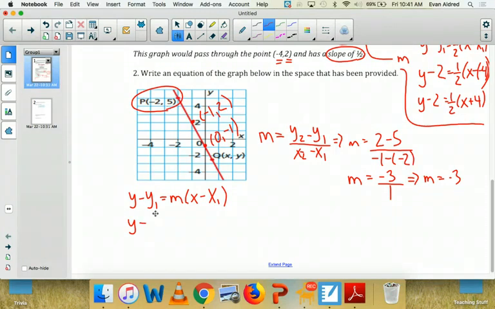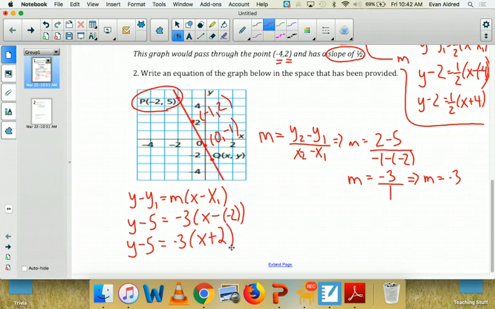Y minus 5 equals negative 3 x minus 2. So let's simplify that. Our x coordinate is minus 2 for point P. So let's simplify everything. Y minus 5 equals negative 3 x minus minus 2, subtract minus 2, is plus 2. So that is an equation for this line.